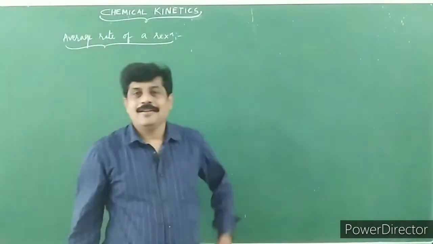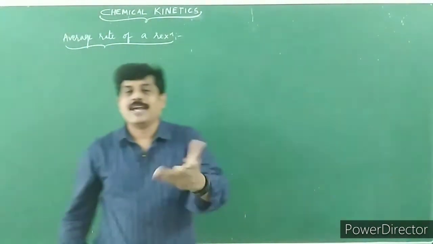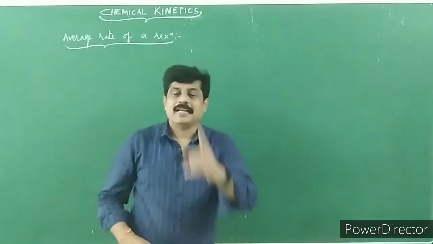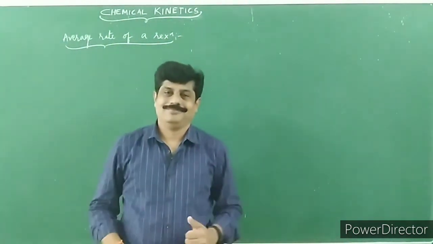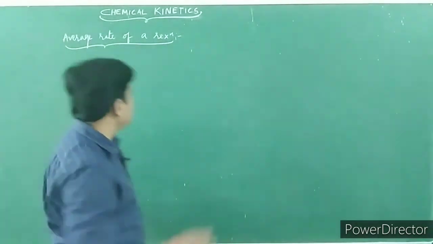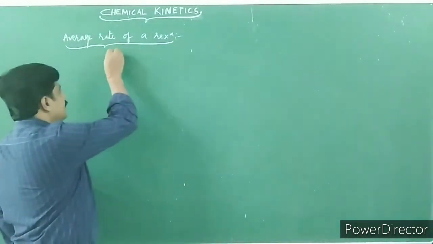Children, the average rate of a reaction is nothing but the rate of a reaction measured over a long period of time. Let me quote an example here. Look at here.